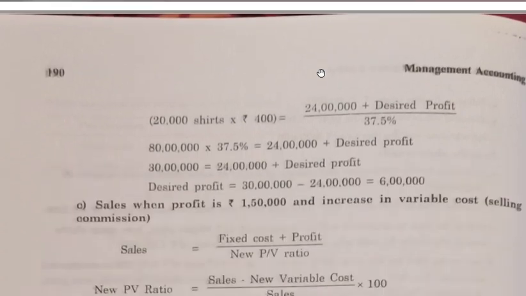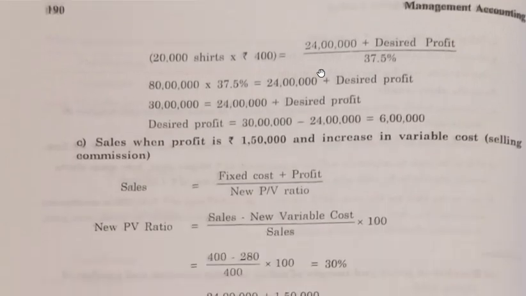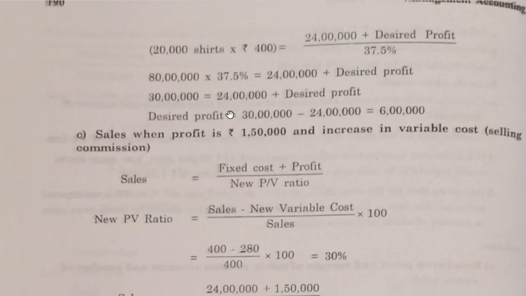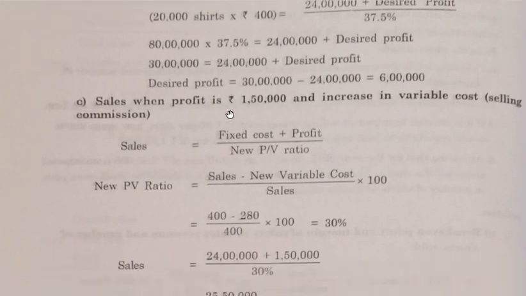So 20,000 shirts into rupees 400, which is 80 lakhs, into 37.5%, cross multiply, is equal to 24 lakhs plus desired profit. Therefore 30 lakhs is equal to 24 lakhs plus desired profit. Therefore desired profit is equal to 30 lakhs minus 24 lakhs, which is equal to 6 lakhs.